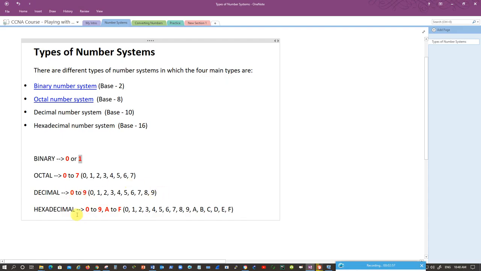Hexadecimal, on the other hand, uses a peculiar or strange representation of numbers after 9 that you have to remember. It is always represented from 0 to 9 in normal digits, but when it comes to 10, 11, 12 and so on, it replaces them with A, B, C, D, E and F, where A is 10, B equals 11, C equals 12 and so on.